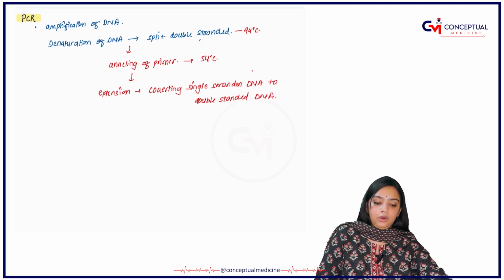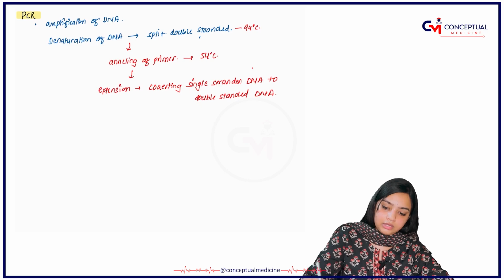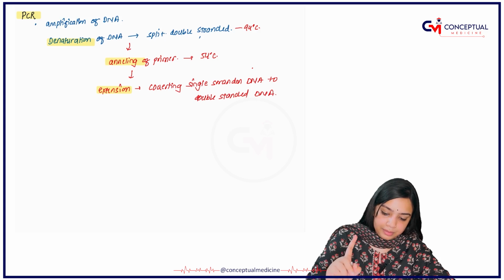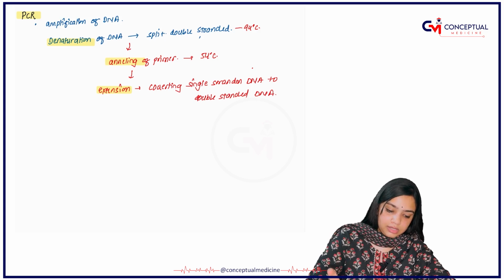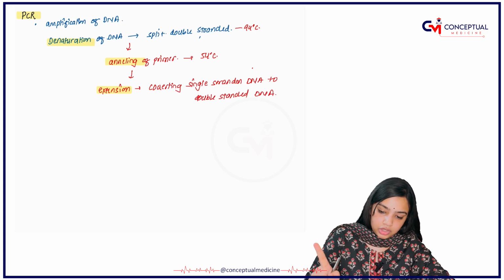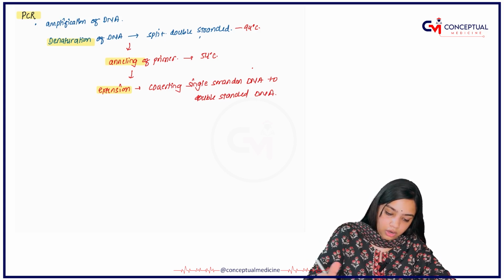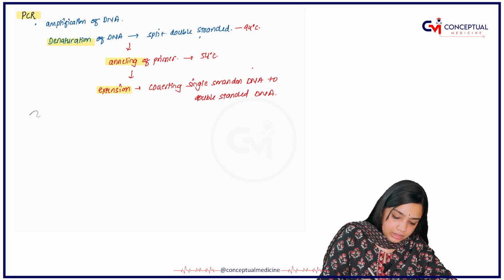Okay. Now, mainly there are three steps involved. We have seen there was denaturation, there was annealing, and there was extension. Okay, have I made this much clear? What are the three steps that we have? Denaturation, annealing, and extension.